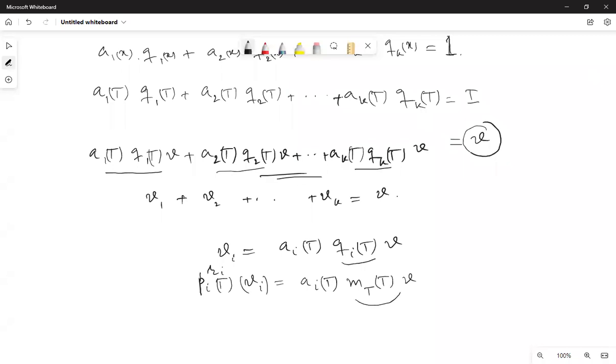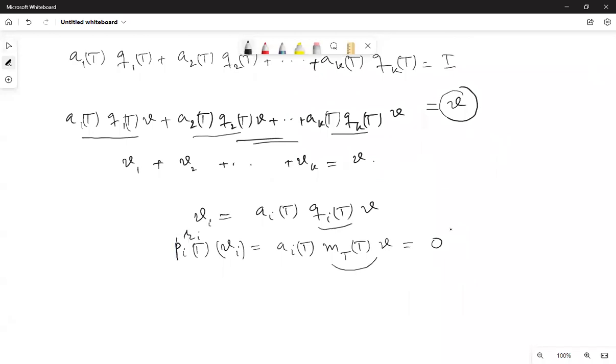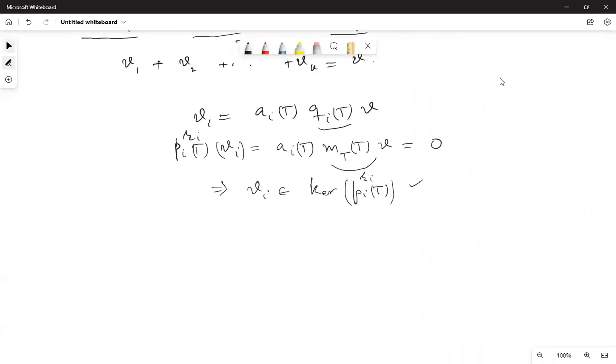Since this is the minimal polynomial of T, this is 0, and the 0 operator takes every vector to 0. So this is the zero vector. All right. So that means what? Now this is a guarantee that vi belongs to the kernel of pi(T) raised to the power ri. Okay. So this immediately provides me this decomposition of V as the sum of V1, V2, and Vk.